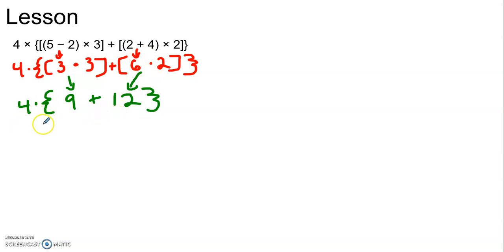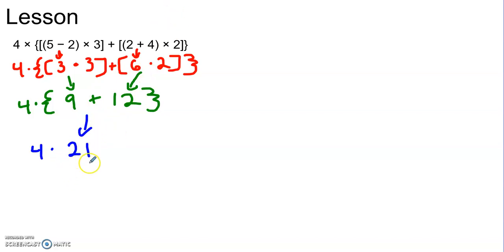So now I'm looking at 4 times the 9 plus 12 that's inside my braces. I now need to solve this first. So the 9 plus 12 gives me 21. And then I copy everything else. I now can drop the braces because I solved everything that's inside of it.